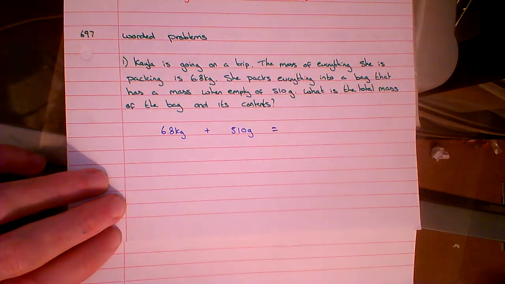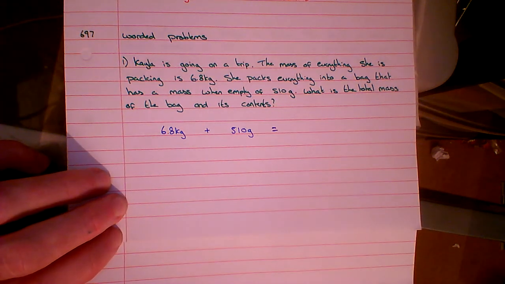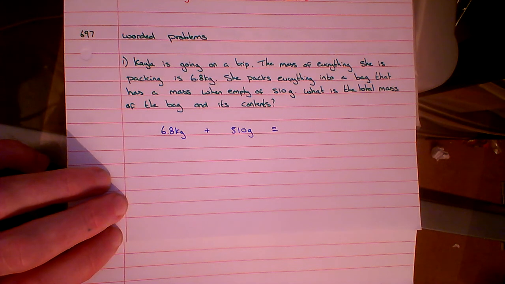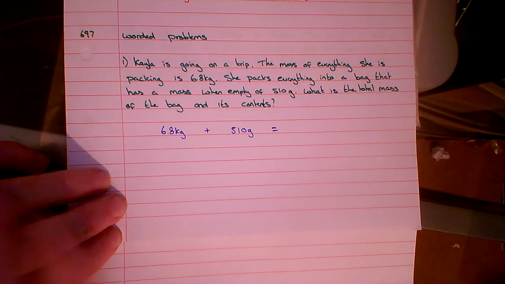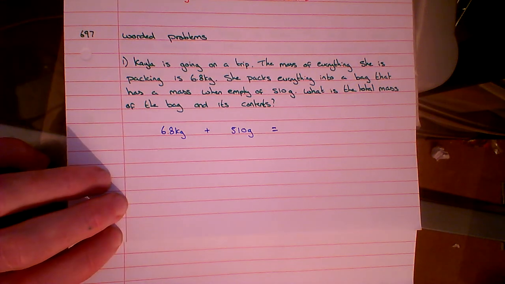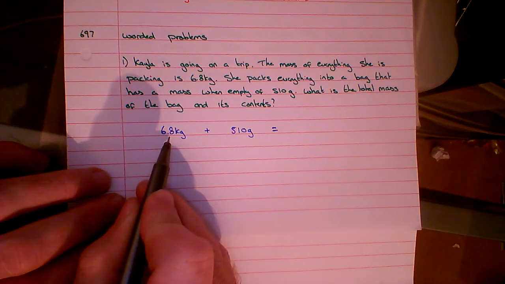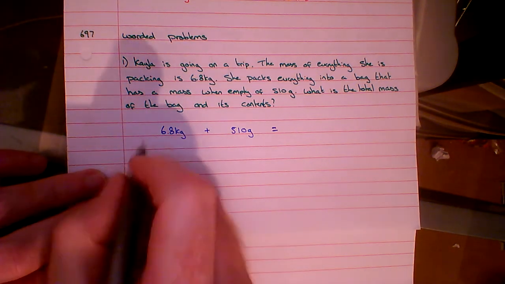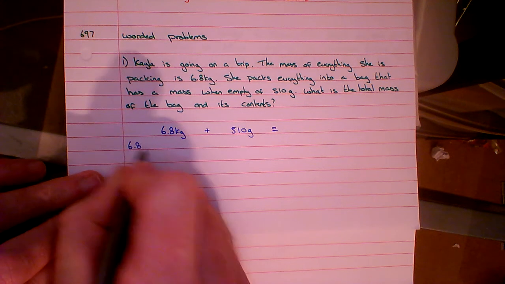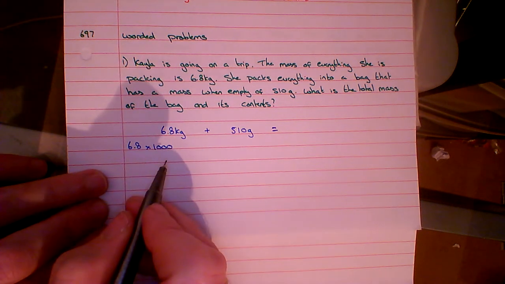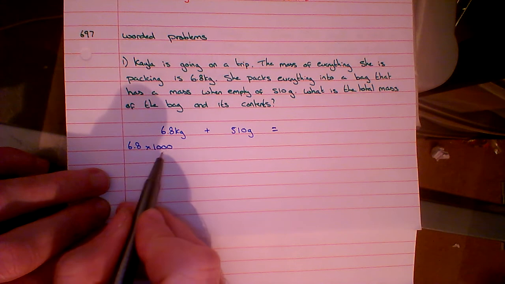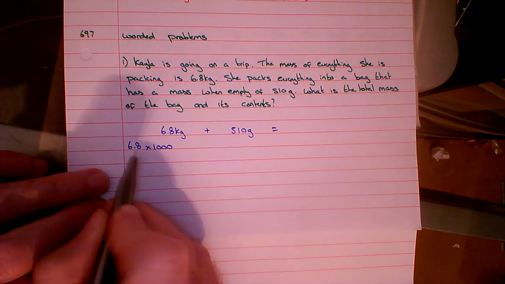Now, in order to add them together, I need to make them the same. I need to either make them both kilograms, or I need to make them both into grams. I'm going to show you both very quickly. If I want to convert them both into grams, I need to convert this kilograms into grams. So in order to do that, it's 6.8 times 1,000. If we go back to our diagram, there are 1,000 grams in a kilogram.